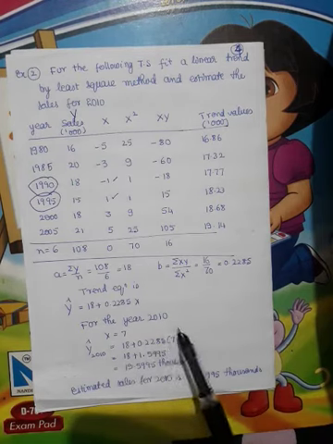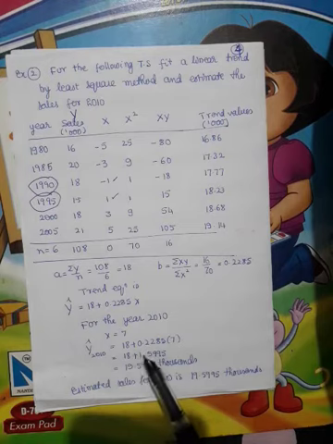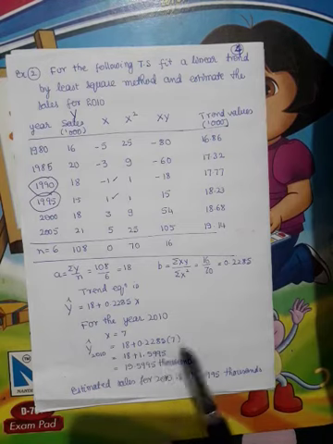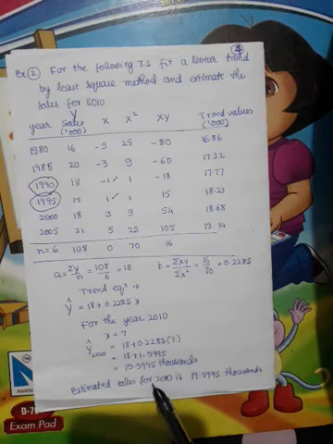So for the year 2010, x is equal to 7. So ŷ2010 is equal to 18 plus 0.2285 into 7, that is equal to 18 plus 1.5995, that is equal to 19.5995 thousands.